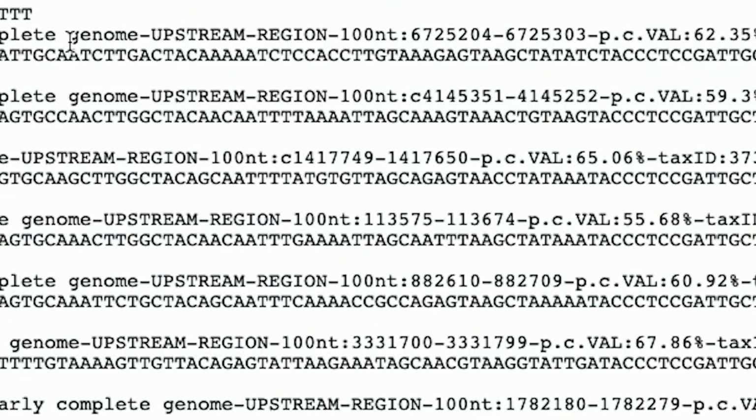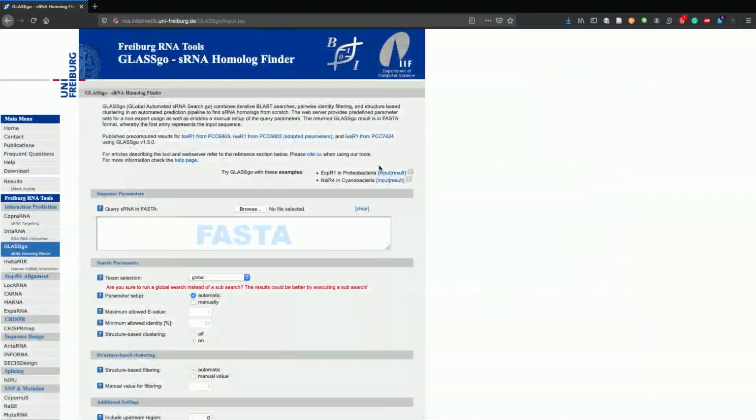And the exact coordinates of the upstream region are given here at genome upstream region. And as a last note, the user interface of GLASSgo within Galaxy follows that of the web server, such that it can be used interchangeably.